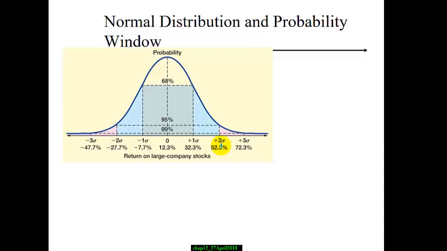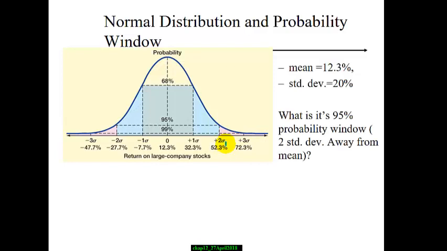Let's refresh our memory on how to find the boundaries for the 95% window. We have the mean and the standard deviation. Take a look at the normal distribution chart. In the middle is the mean.